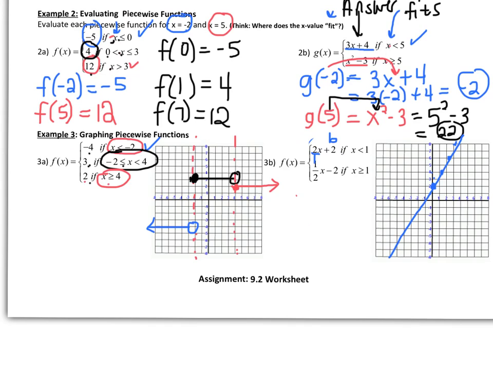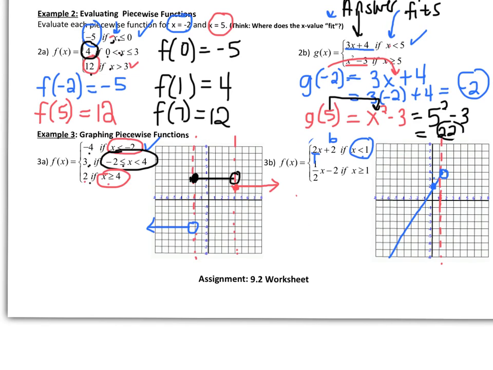Now get your eraser out because we only want this part of the graph to show when it's less than 1. So here's 1 right here. So we only need the part of the blue line that's to the left of that red line. So we're going to erase everything on that side. And we need to figure out what kind of an endpoint. See how that's just less than? We'll put an open circle right there.